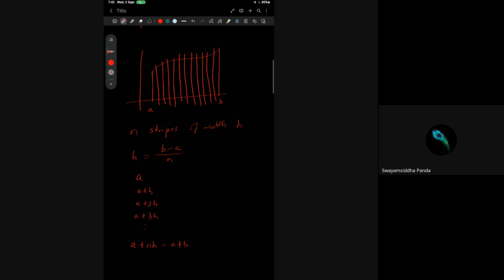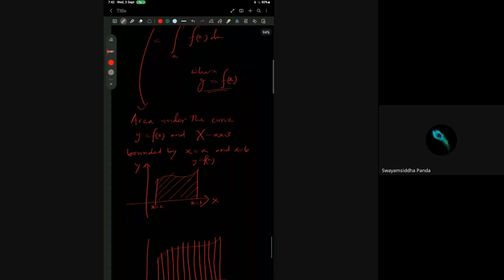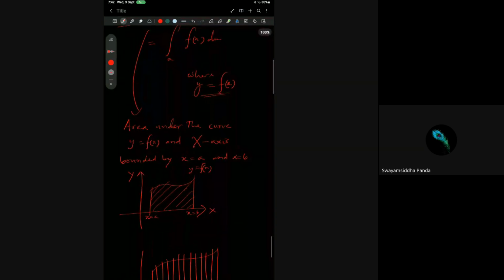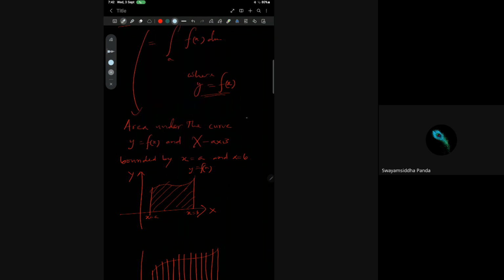Okay, let me explain again then. What exactly do we mean by integration? Integration is nothing but basically the area under the curve y is equal to f of x and the x-axis, bounded by x equal to a and x equal to b. Okay.